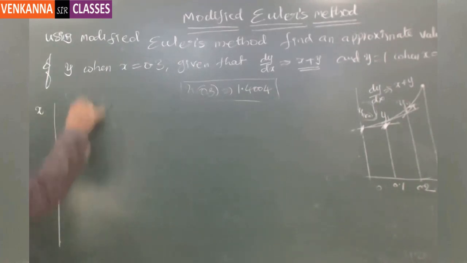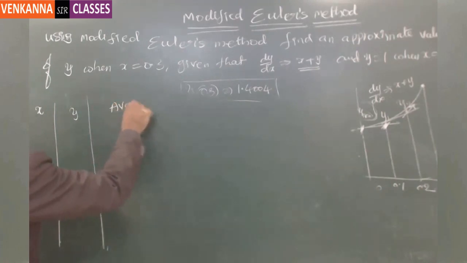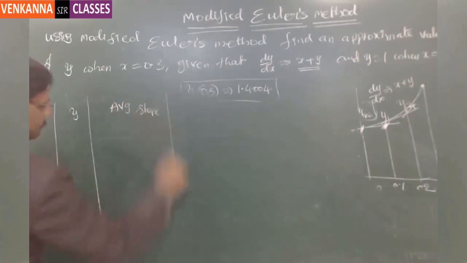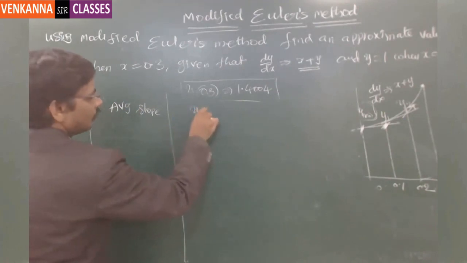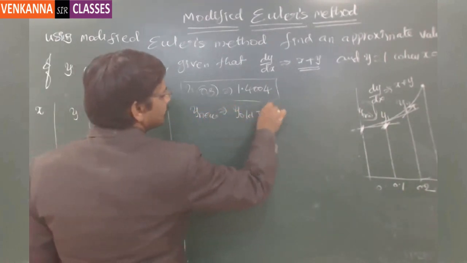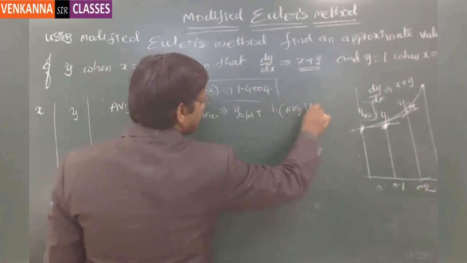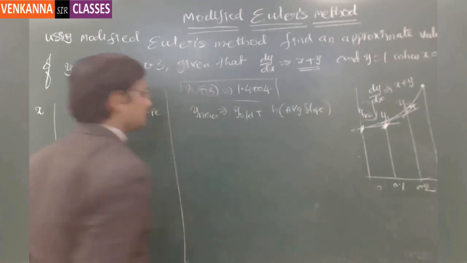This is x and this is y. This is the average slope. This is y new is equal to y old plus h times of average slope. So this is the equation we can think of.